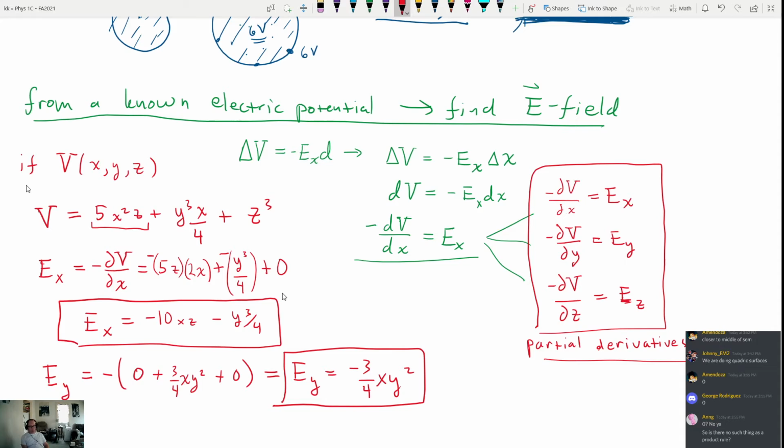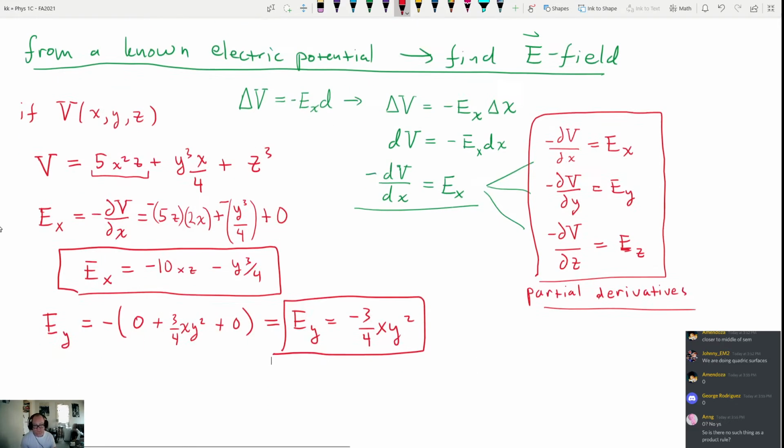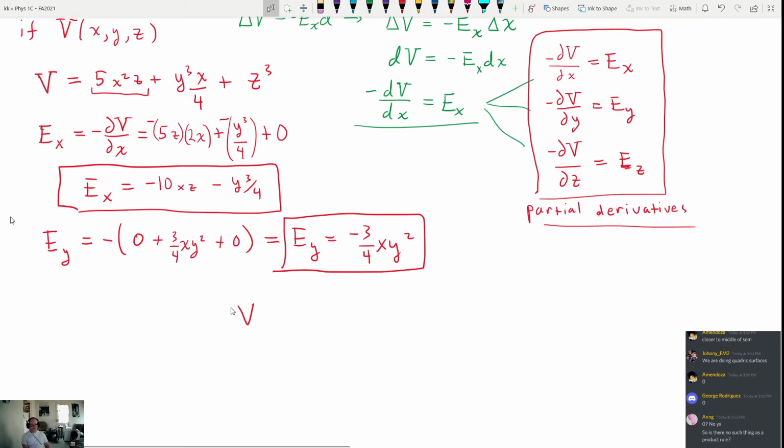So there's no such thing as a product rule. You could still have a product rule, but you don't have to do it like maybe what you're thinking is. I mean, I could still have, if I told you that, just for example, if I said that V was equal to x, y, sine of x or something like that, you'd still need to do a product rule for this.